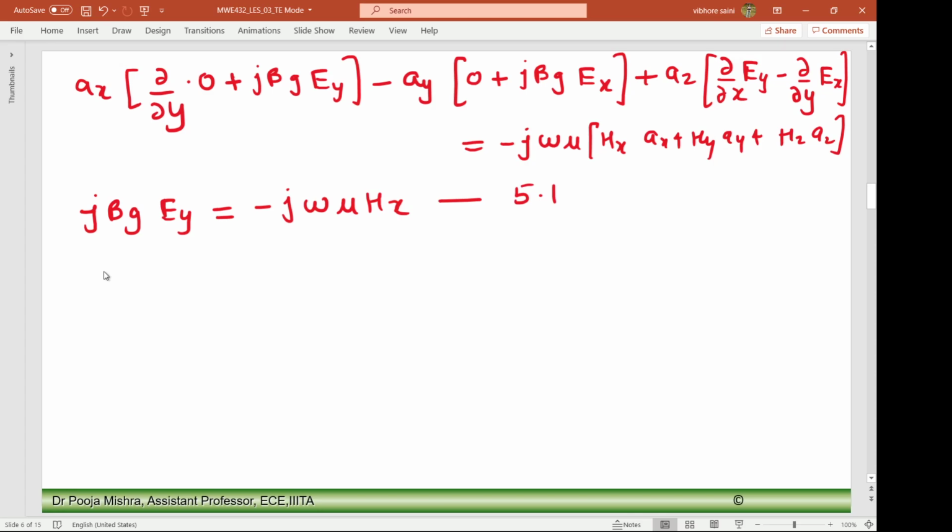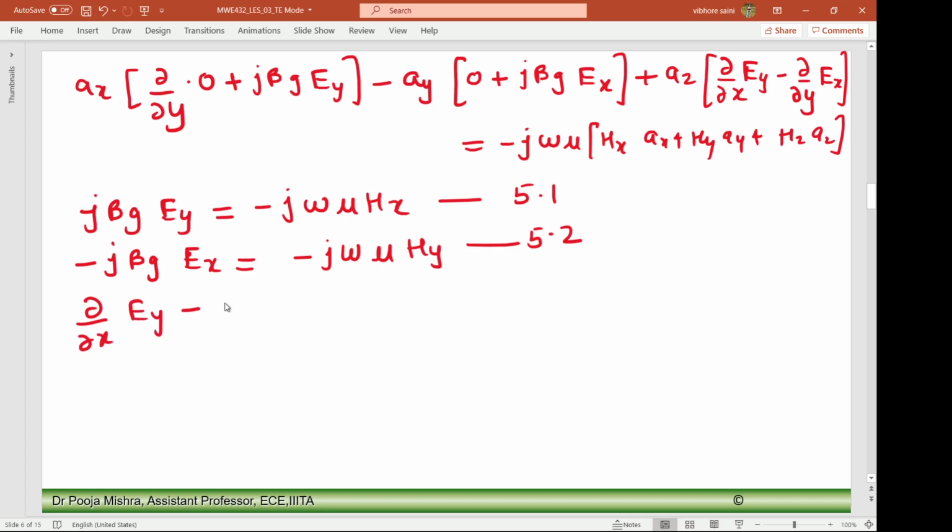Second, Ay will be minus j beta g Ex is equal to minus j omega mu Hy, equation 5.2. And the third equation will be del by del x Ey minus del by del y Ex is equal to minus j omega mu Hz, equation 5.3.